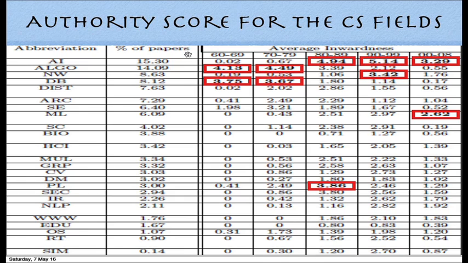In each decade you see that there are some fields that have very high authority scores. For instance, in the first decade, 60 to 69, the two fields that have the largest authority score are algorithms and databases. Immediately you observe that this was the time when computer science was in its infancy, still growing, and the basic principles of computer science were being developed.